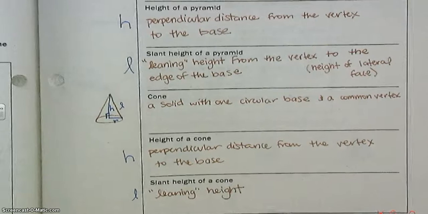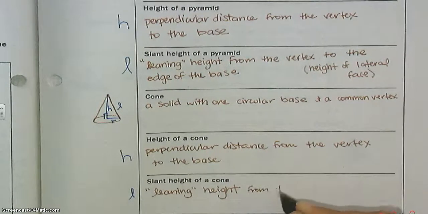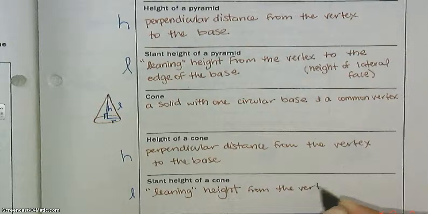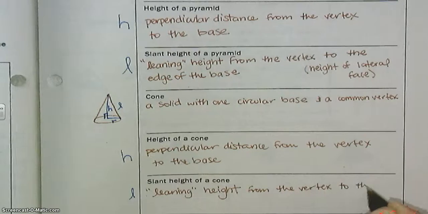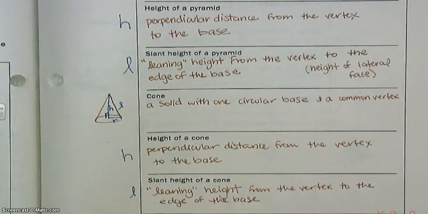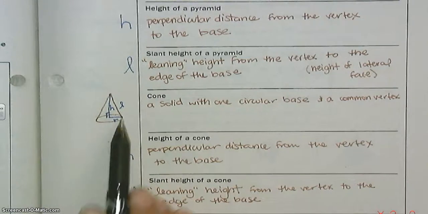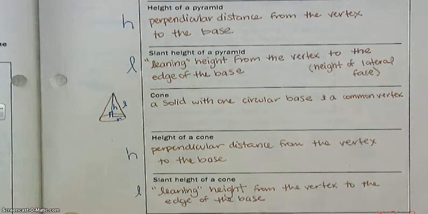The leaning height, just like above, from the vertex to the edge of the base. And we're going to use these heights, so you got to make sure you understand the difference. The regular height is straight up and down. L is the leaning height, the slant height.